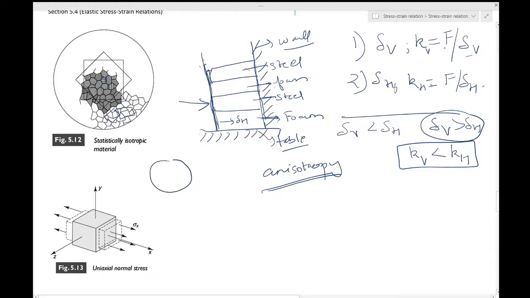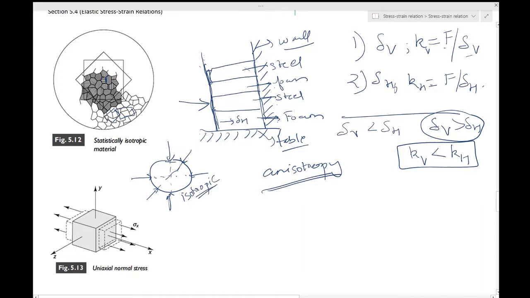You apply a force like this, or like this. The deformation will be the same along any direction, so the stiffness along any direction will be the same, and hence you don't have to worry too much about direction. This is called isotropic behavior.